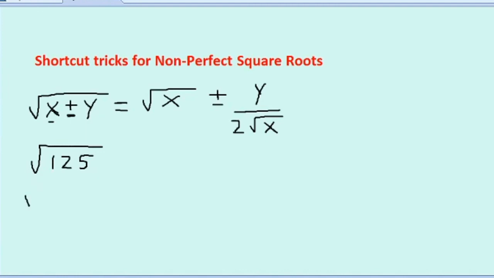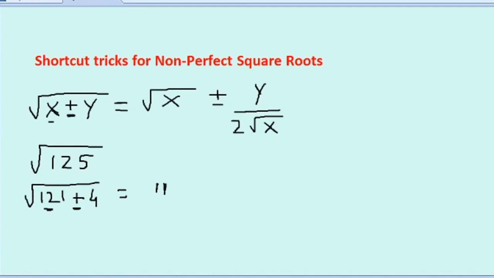So I can easily write it as 121 plus 4. 121 is the square of 11, 11 into 11 is 121, and 121 plus 4 is 125. So x is a perfect square. Now write root x. How much is root x? Root 121 is equal to 11.